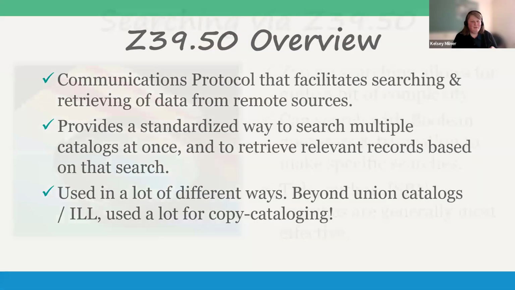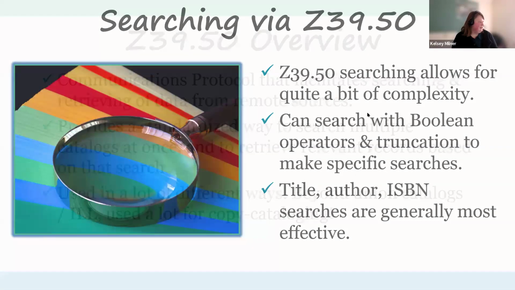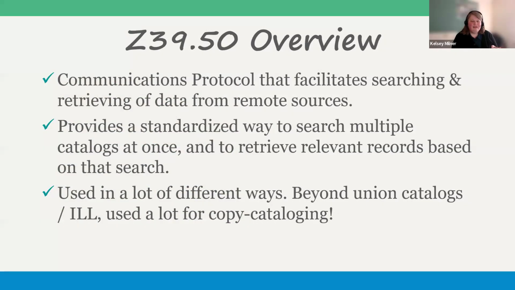So I'd like to share a little bit more about how Z39.50 works and what it is. It's a client-server communications protocol, and it's basically used to facilitate searching and retrieving information from remote databases. It grew out of an effort in the 1980s to standardize searching between some of the major catalogs that existed at that time, like OCLC and the Library of Congress.